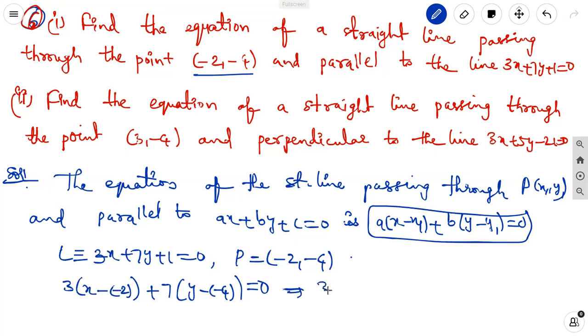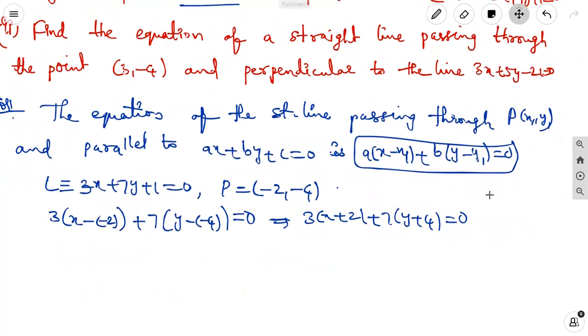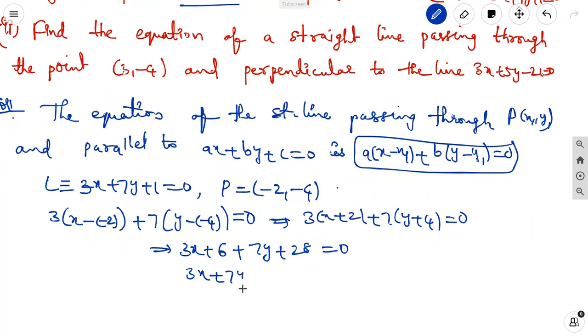From this, 3 into x plus 2 plus 7 into y plus 4 equal to 0. 3x plus 3 twos are 6 plus 7y, 7 fours are 28 equal to 0. 3x plus 7y plus 34 equal to 0 is the required line equation which is parallel to the given equation 3x plus 7y plus 1 equal to 0.